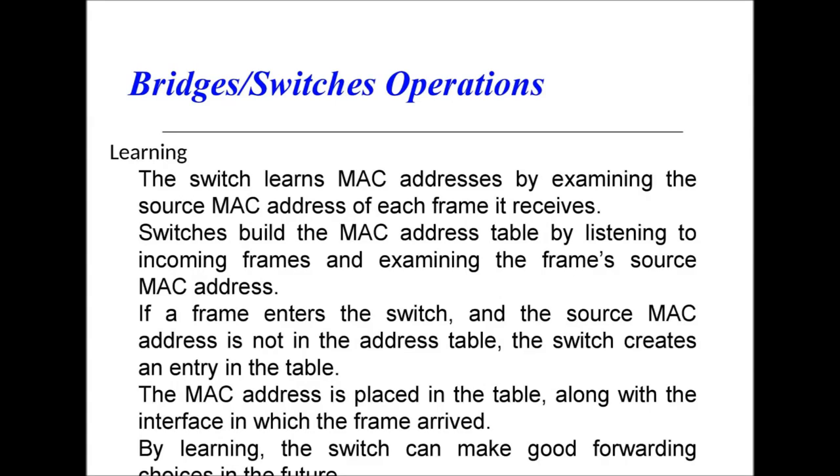Then the switch will be unable to forward that frame to the desired destination, so it will flood the frame. What will be the action on this flooding, we will study in detail in our next lecture.